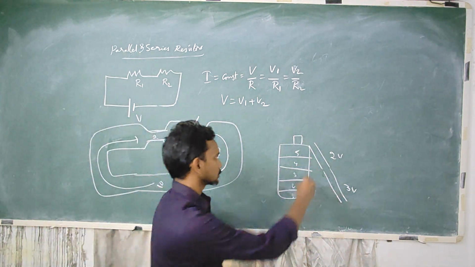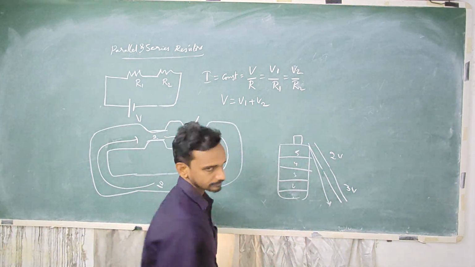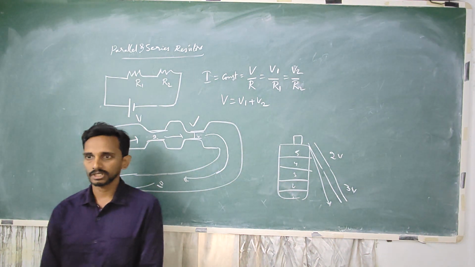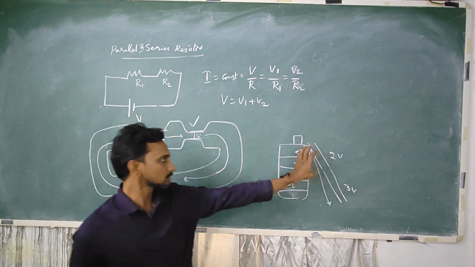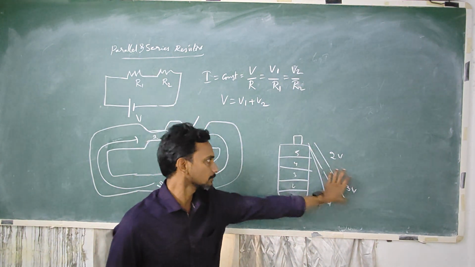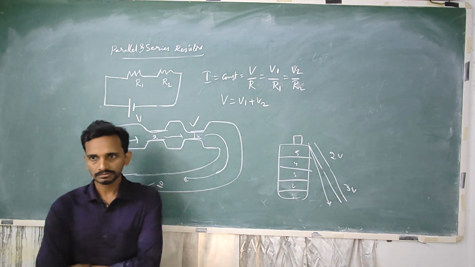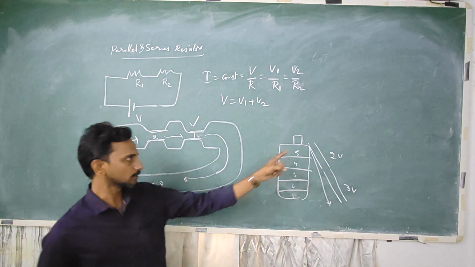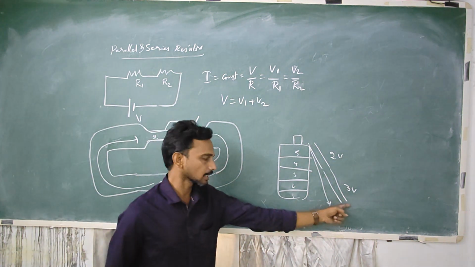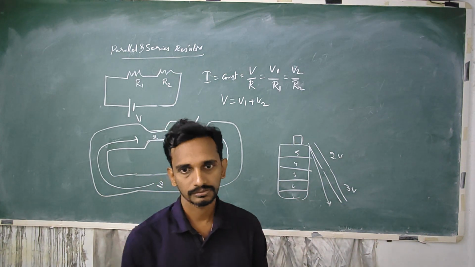So from top to bottom, the entire 5 volts should be dropped, right? And we are taking a series combination of resistors. So some portion will be dropped here and the remaining will be dropped here. So the total voltage will become 0 by the time the carrier reaches the ground.